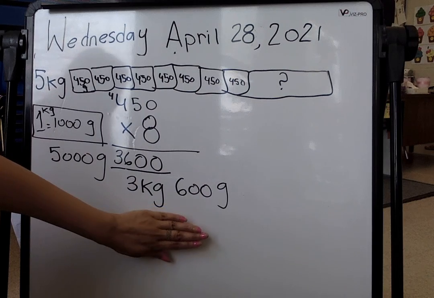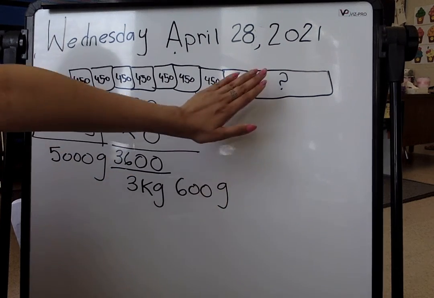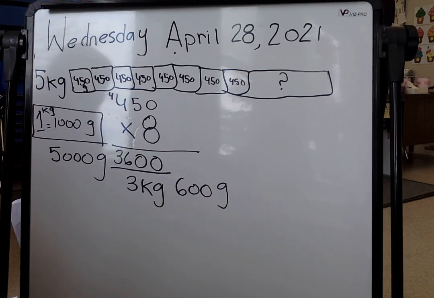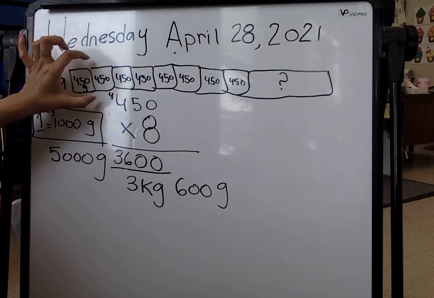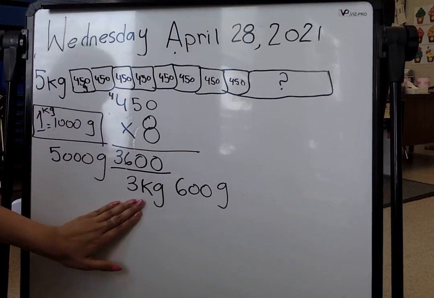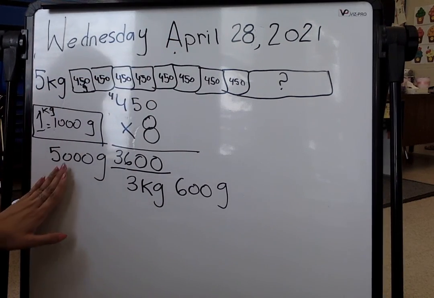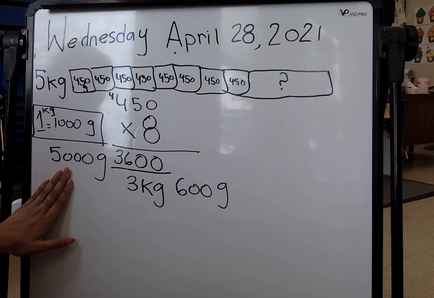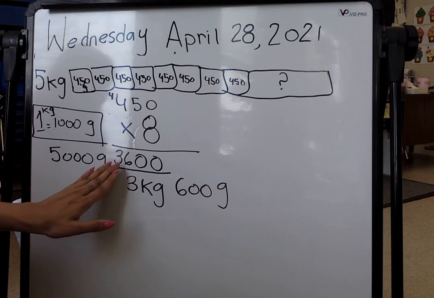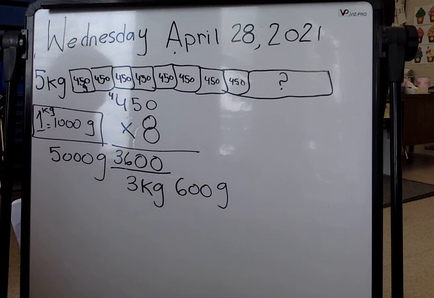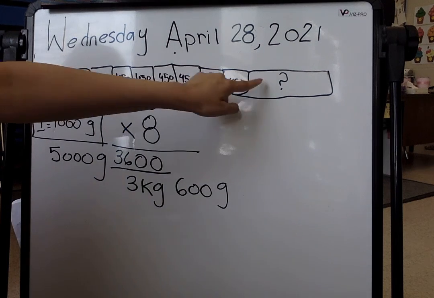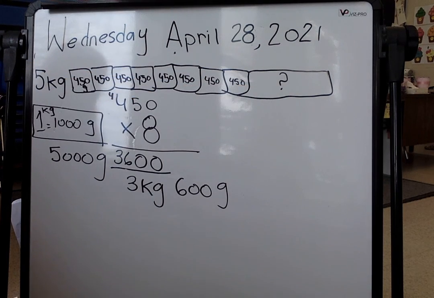Now, we still haven't found how much the potatoes weigh. Now that we know that out of 5 kg or 5,000 gram, the onions weigh 3,600 grams, what do you think we need to do to find the weight of the potatoes?